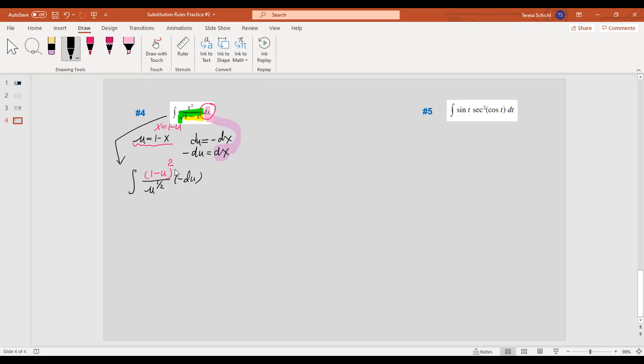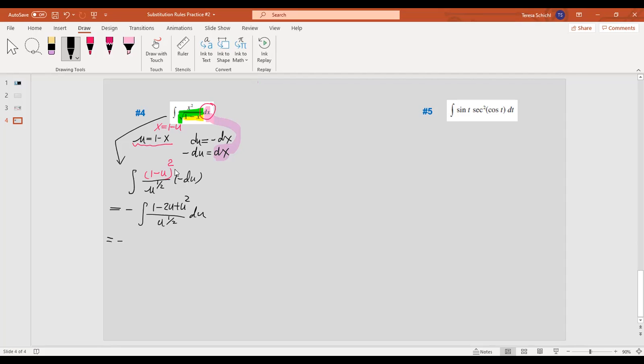Well, obviously not, right? But at least it's all u, so I can do something here. So let's move this negative sign out. This is u to the 1/2. So 1 minus u squared, I can FOIL it. So I can FOIL this: 1 minus 2u plus u squared, right, du.